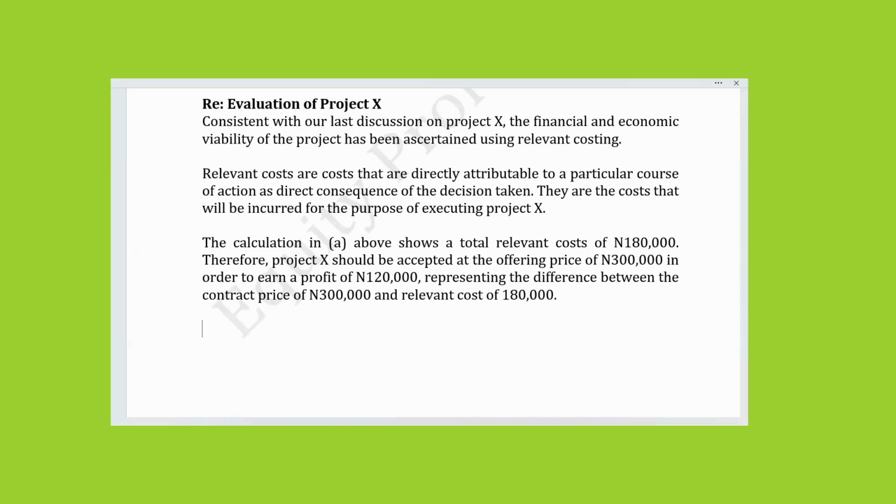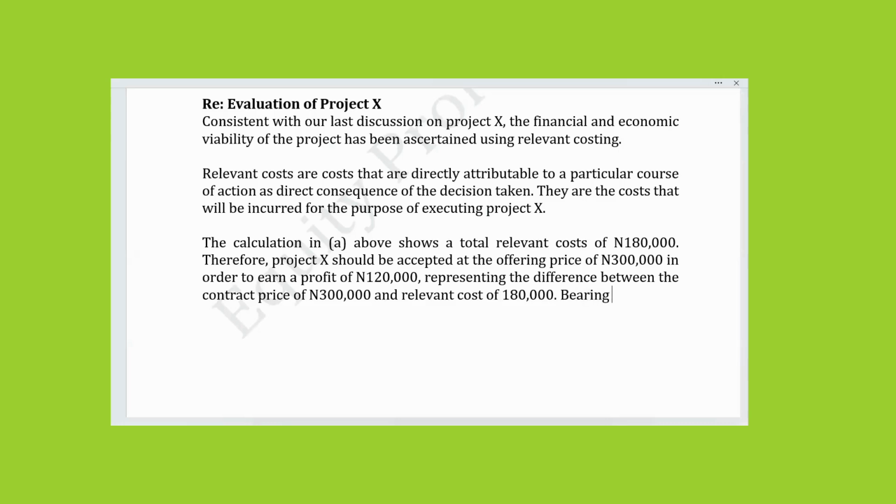You need to advise. Okay, we've already advised that the project should be accepted. So that's one. Then you also need to let the management understand that our competitor is willing to accept the project at the offering price. Let me put it this way. I can even add it. That paragraph is not too big. Okay.